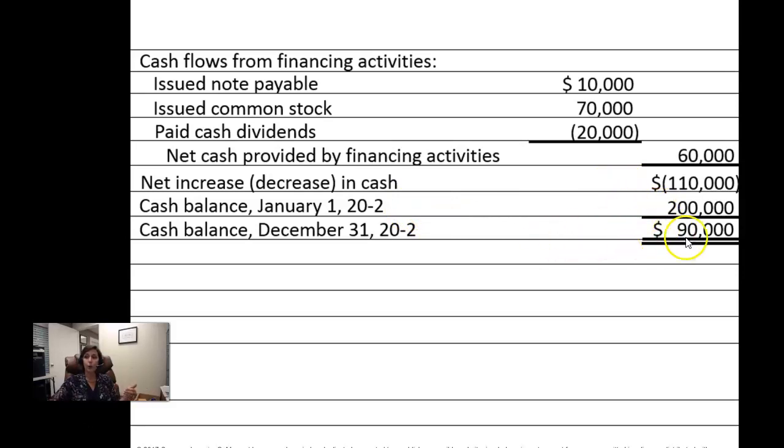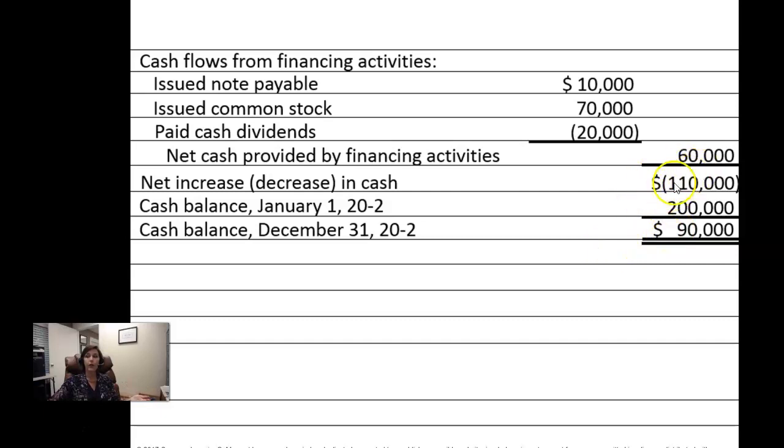Our year two ending balance of cash is $90,000. And so this net decrease in cash is how we get from our beginning cash balance at the beginning of the year to the ending cash balance at the end of the year.